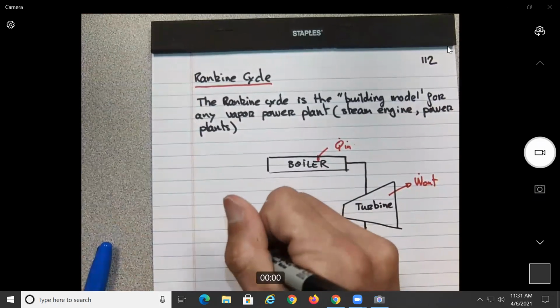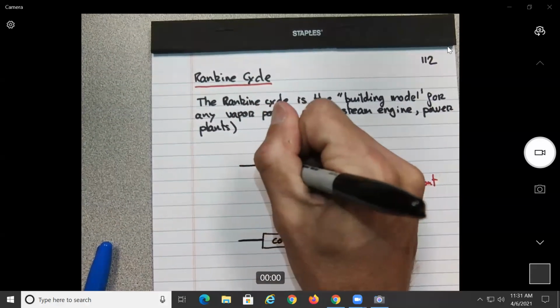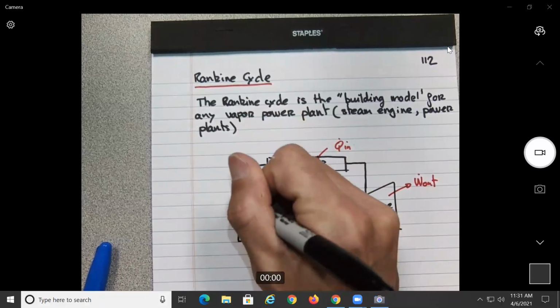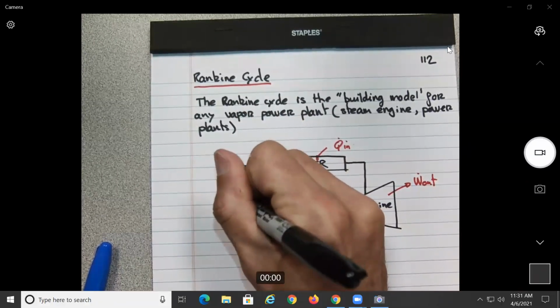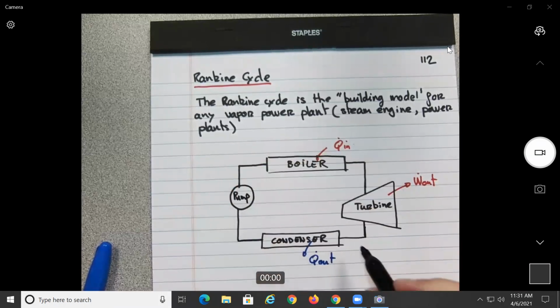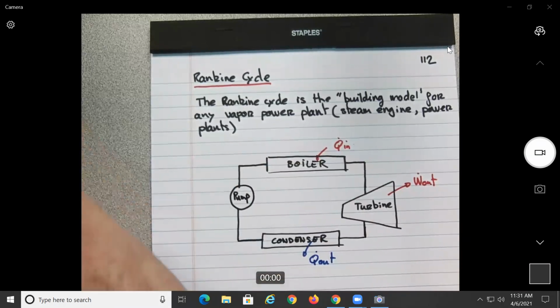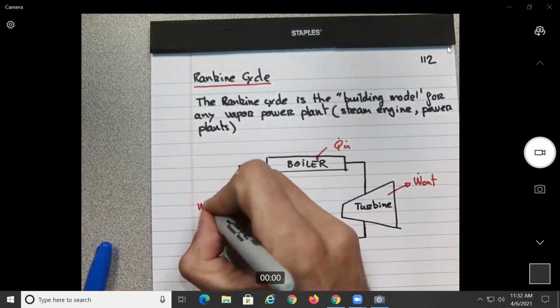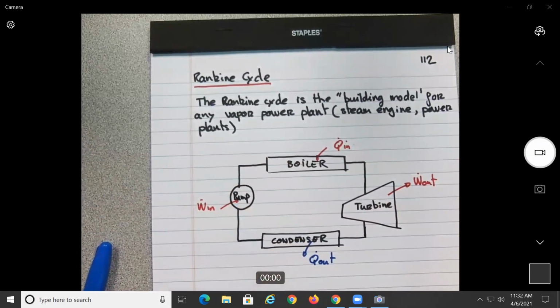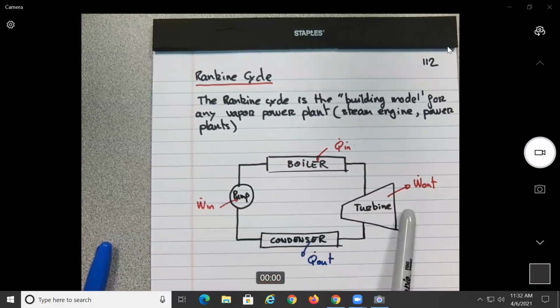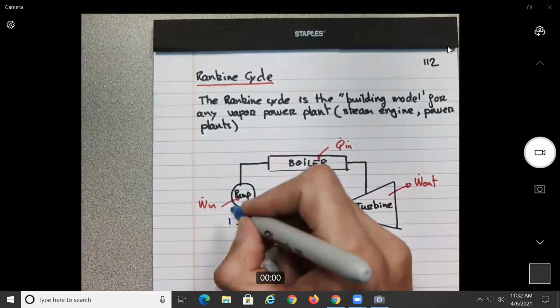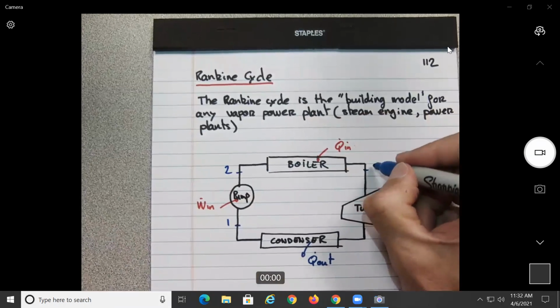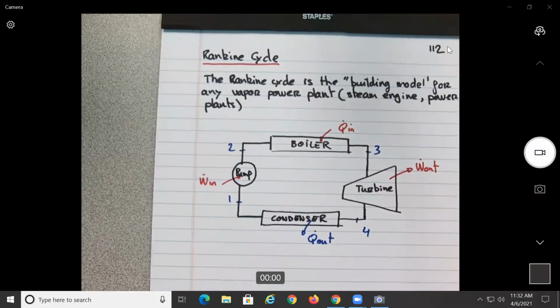And in between here, obviously you need a pump to take the water from the condenser to the boiler. This one again is going to require power in. Generally, this power will be coming from the turbine itself, but I'm not going to draw a shaft over here. So we label here 1, 2, 3, and 4.